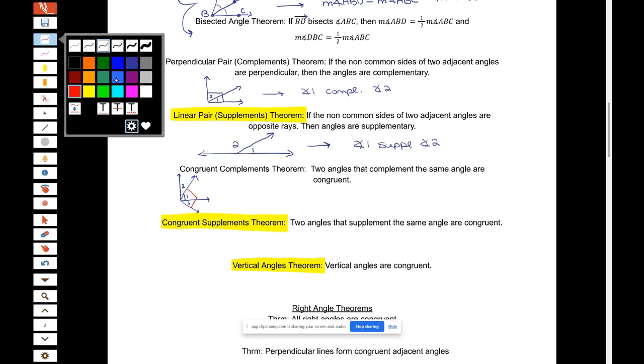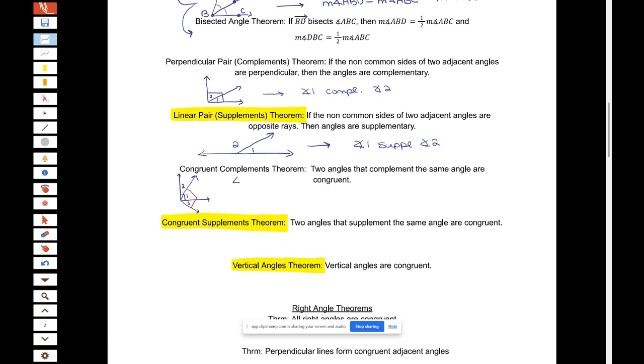So if I say angle 2 complements angle 1, and angle 3 complements angle 1, we can conclude that since these two different angles complement the same angle, those two different angles are congruent. Now, if I put some numbers on this, it'll make so much more sense, so I'm going to do that now.